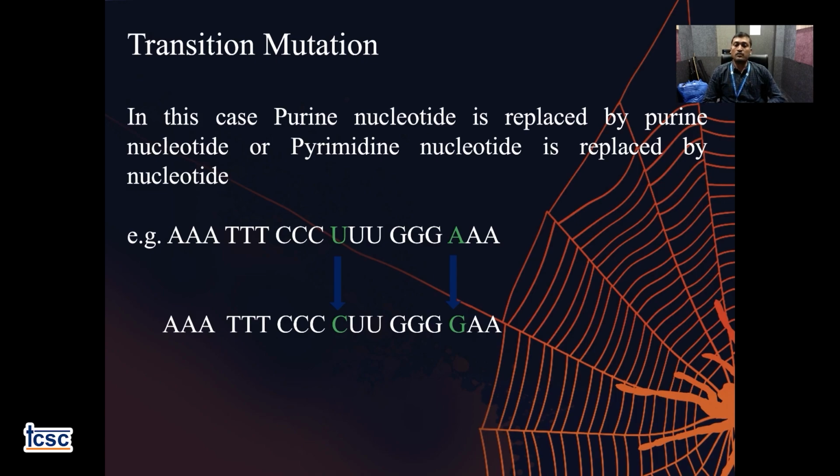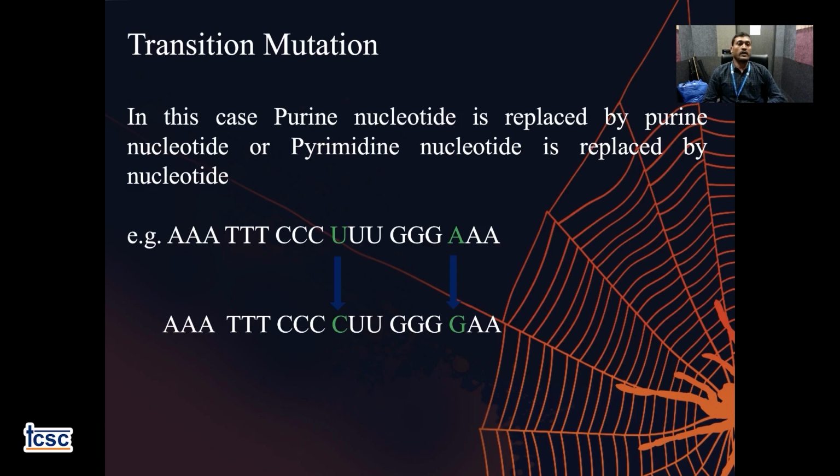Out of 5, 2 belong to the purines and 3 to the pyrimidines. Adenine and guanine are the purines. Cytosine, uracil and thymine are the pyrimidines.